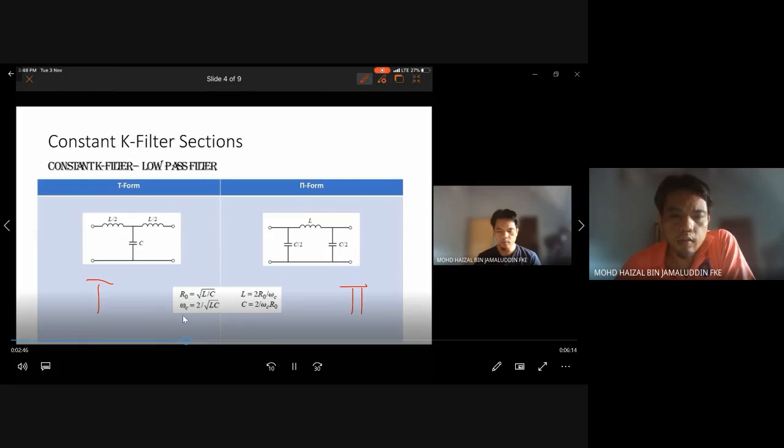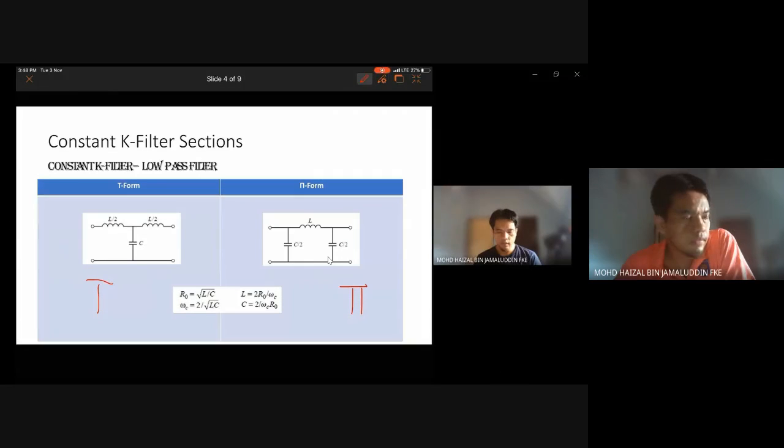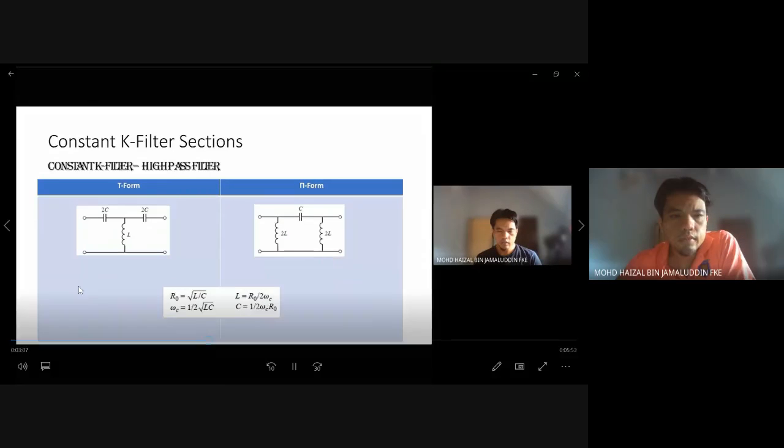If R0 and omega C are given, you can find L and C. Either you use the T form or the pi form, it is okay. That one is for the low pass filter.